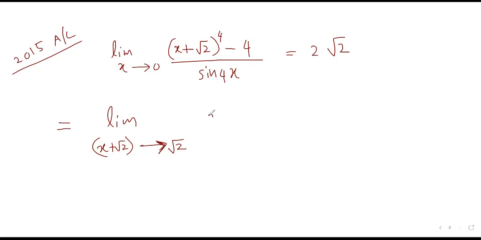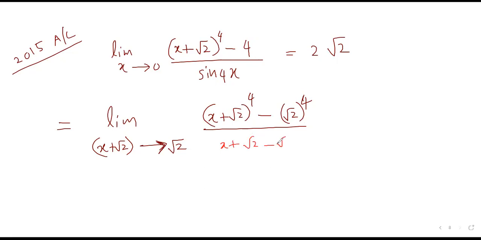Then this should be x plus root 2 to power 4 minus root 2 to power 4, no. But there should be x plus root 2 minus root 2 in the denominator. Then this plus root 2 and minus root 2 are cancelling off now. But x is remaining, then you have to multiply by x.